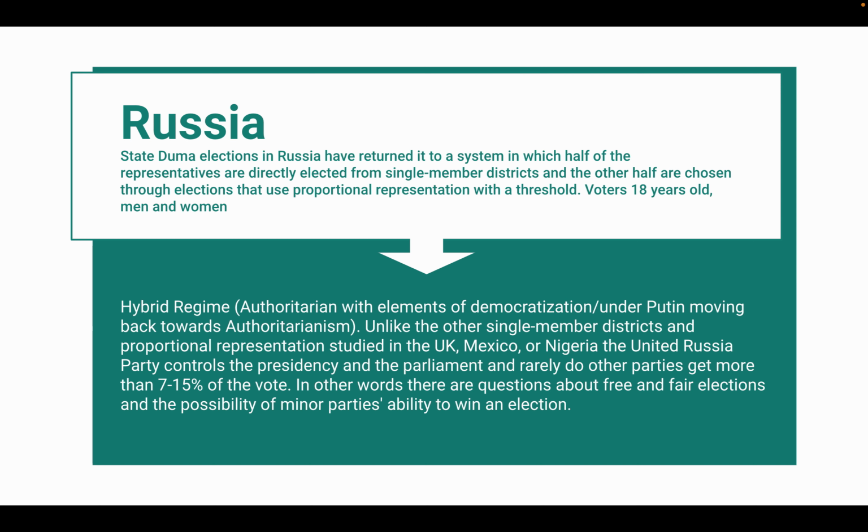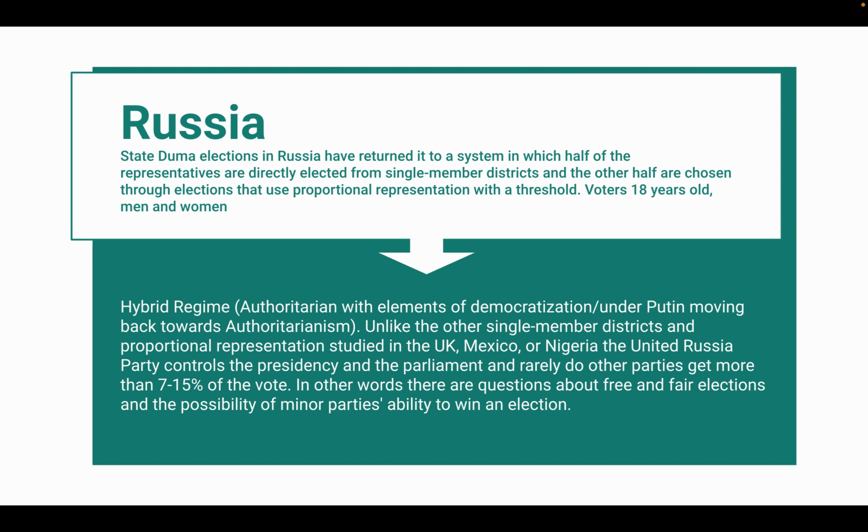So this is, again, fairly similar to Mexico with a hybrid regime, authoritarian with elements of democratization, but under Putin, largely moving back towards authoritarianism. The idea of proportional representation allows for more political parties to have seats in the Duma.